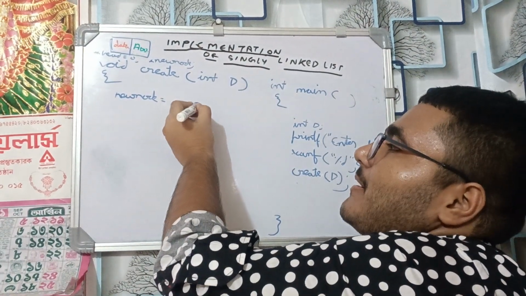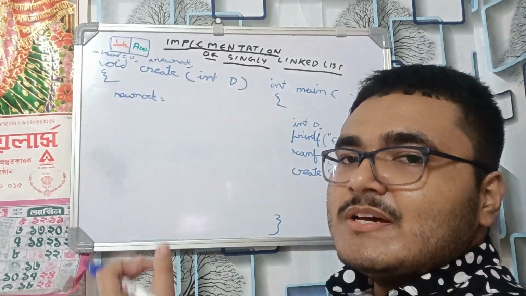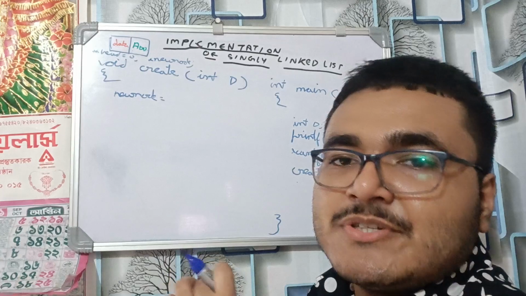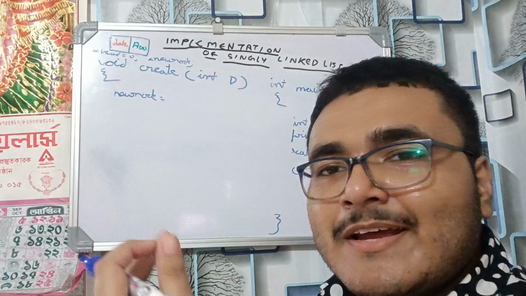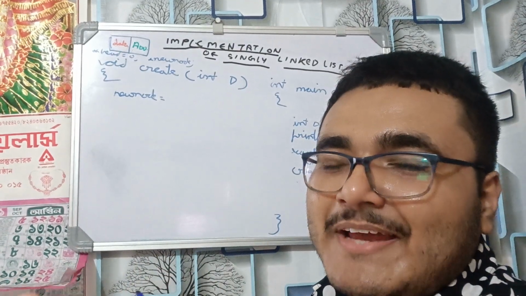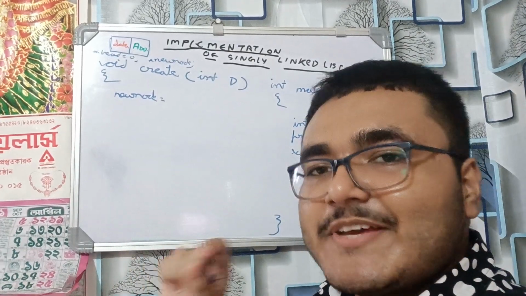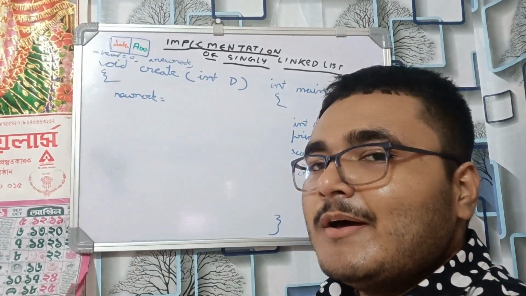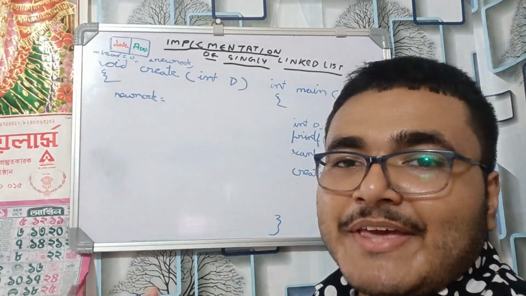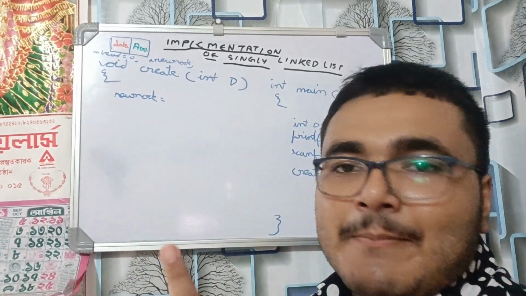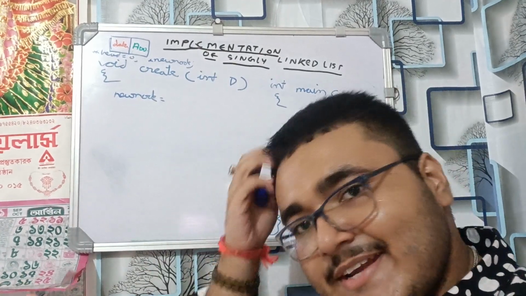So malloc. If I am using malloc, I need to typecast it to the data type of the pointer, because malloc is going to return a pointer, right? If this seems new, please watch my lecture on dynamic memory allocation, okay? In it I have explained in detail the features of dynamic memory allocation and how it works. So what will malloc do? It will return the address of the memory so created, a pointer to the address of the memory, right?